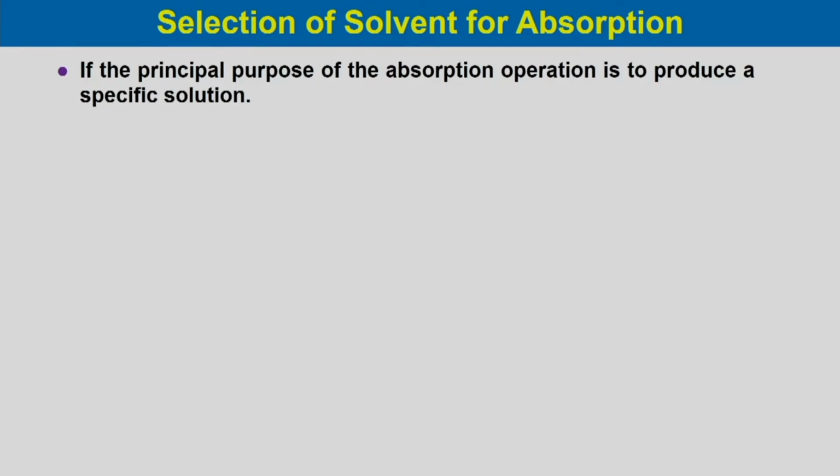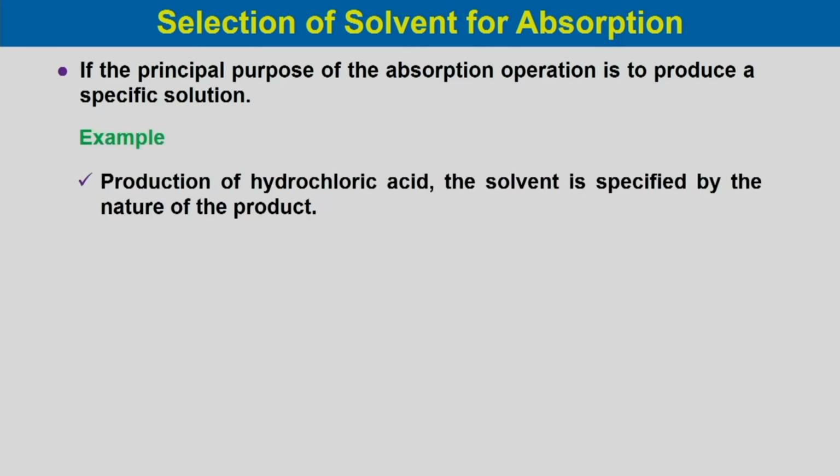Now, we need to select a particular solvent and what properties we need for its selection. The principal purpose of the absorption operation is to produce a specific solution. So, if our purpose is to produce a specific solution, like for example, production of hydrochloric acid, the solvent is specified by the nature of the product.